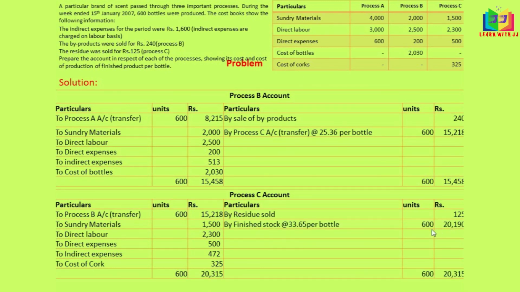The total is 600 bottles and the amount is 20,190, and the cost per bottle is 33 rupees 65 paise. This is nothing but 20,190 divided by 600, which gives 33.65.